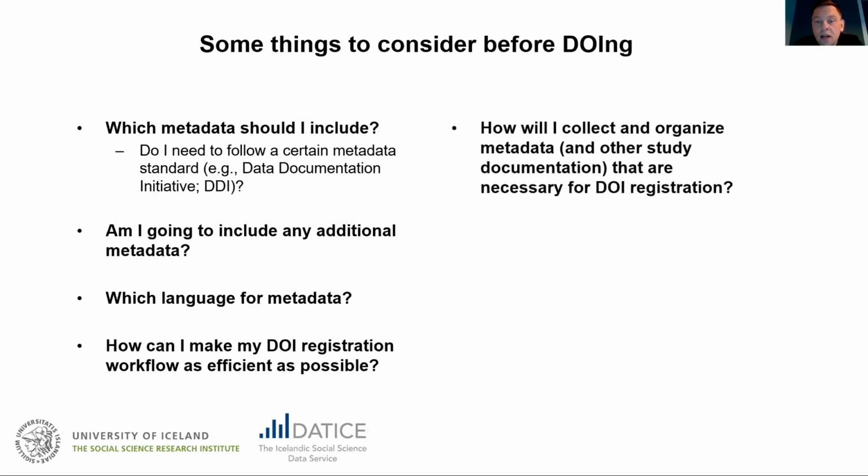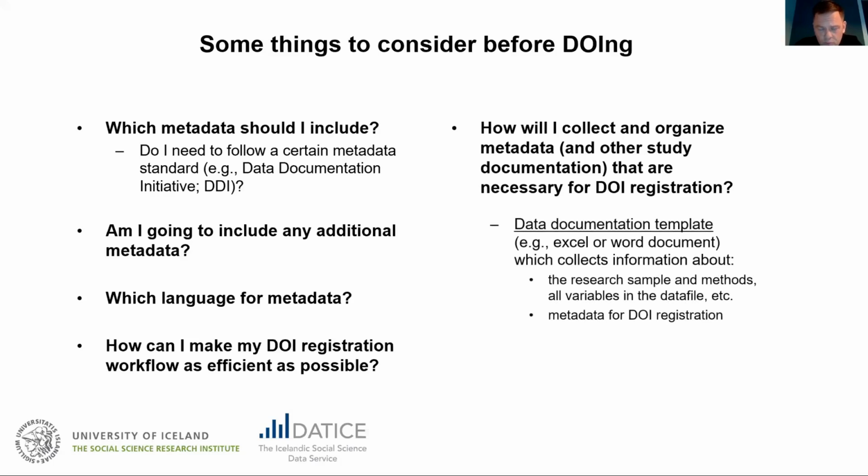And then, how will I organize and collect the metadata? I'm thinking of collecting it from potential data depositors or from your institution, so you have all the necessary data when you start registering DOIs.